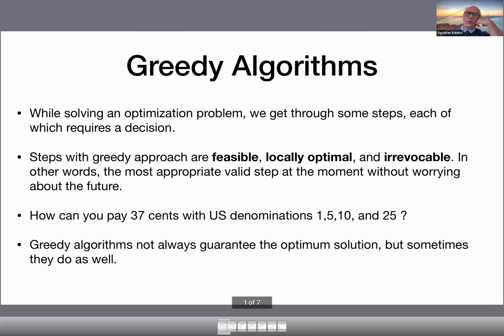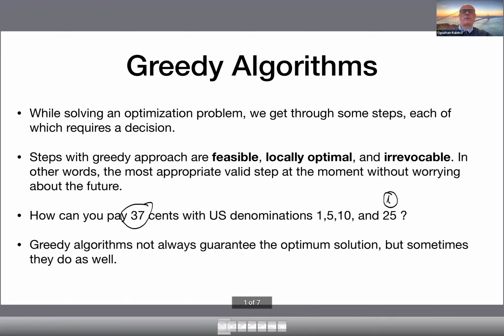Let's assume you would like to pay 37 cents with the US denominations 1, 5, 10, and 25. What would you do? The first step would most probably be to give one 25, and what will be left is 12 cents.